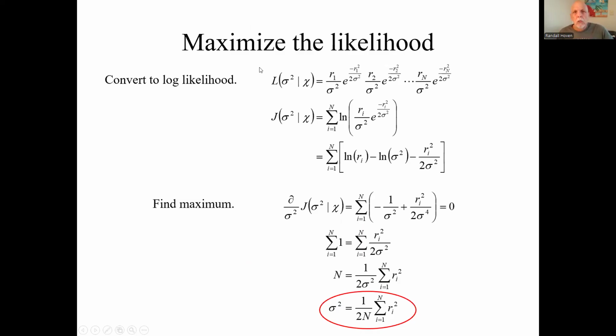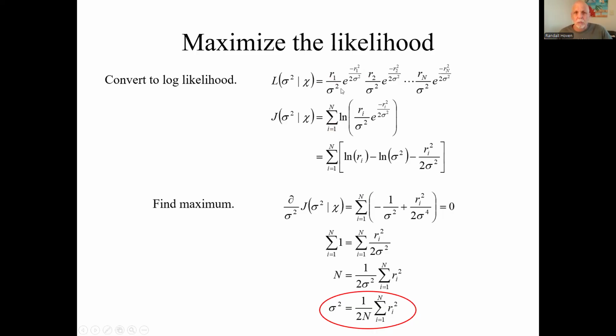Well, the way to go about doing that is called the log likelihood method. Because the natural log is monotonically increasing, if I maximize the log likelihood of that product, I'm maximizing that product. So in the log, the product of terms becomes the sum of terms.